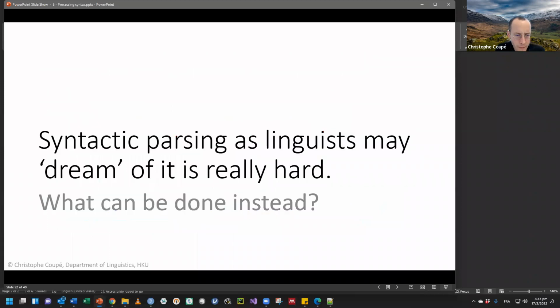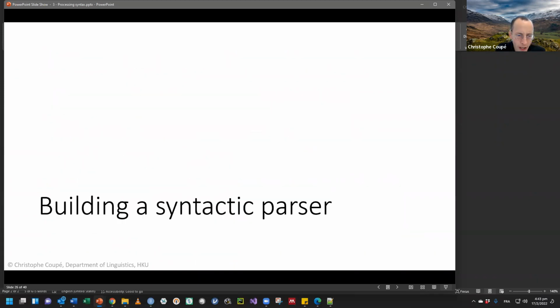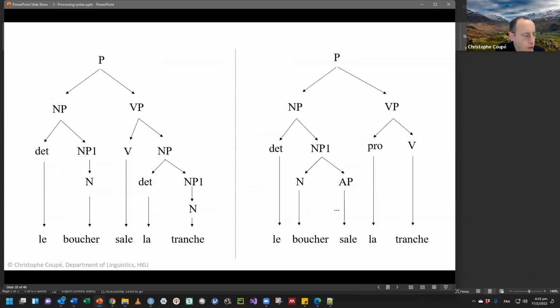Linguists, I'm going to show you what linguists like. This is what linguists like. They take a sentence like "le boucher sale la tranche." That's a French sentence. And they want to build this kind of tree. And that's when they're happy. They want to say, okay, boucher is a noun. Le is a determinant. And together they form what we call a noun phrase.